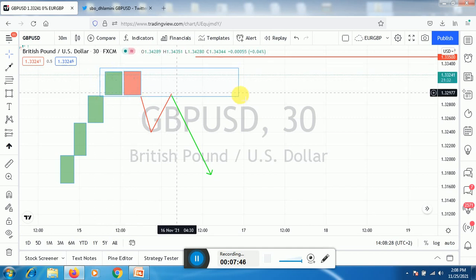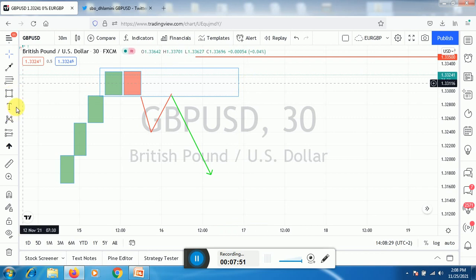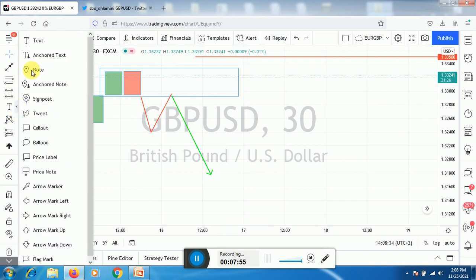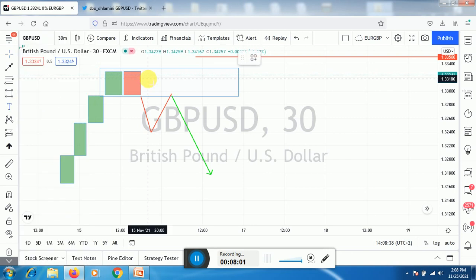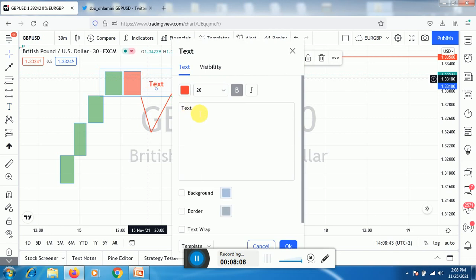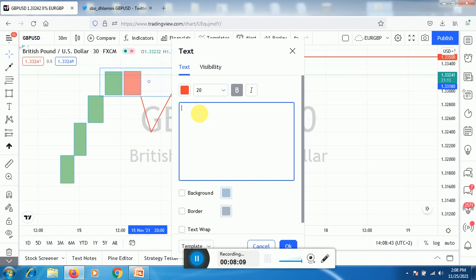Let's call it a pause zone, POZ. Let's give it a name. We pause this zone. So this zone is a pause zone, POZ.